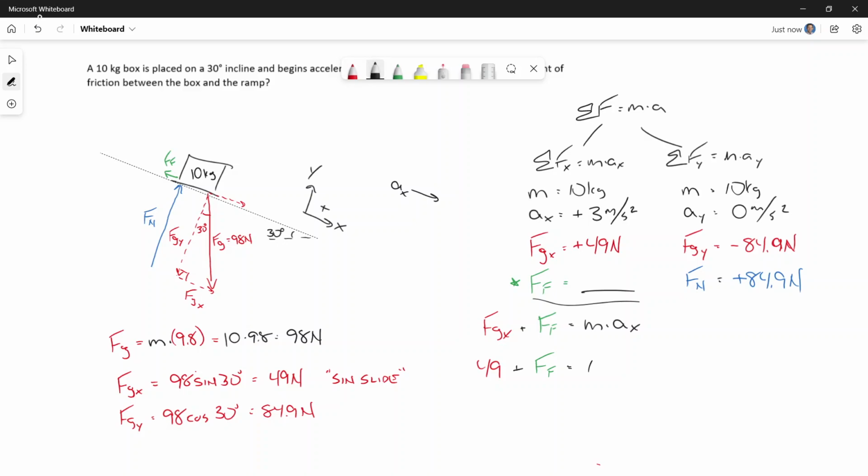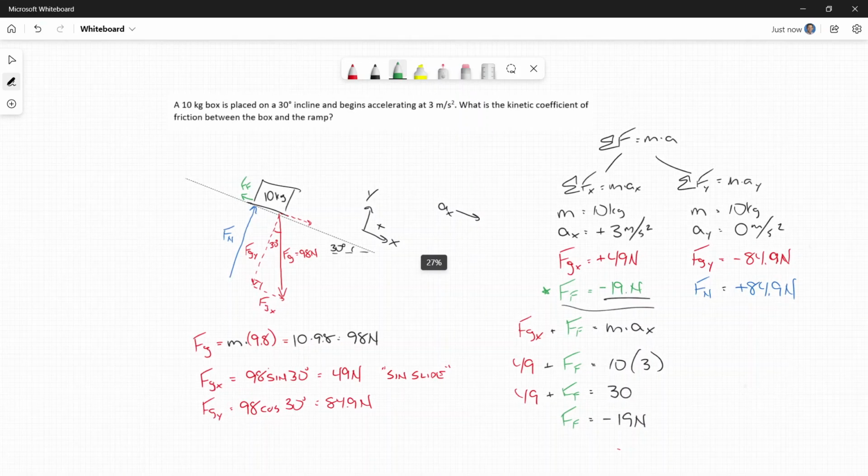And that's got to be equal to 10, and the acceleration is the ramp acceleration, which is 3. So again, we have 49 plus friction is equal to this net force of 30, which tells you that friction would have to be acting up the ramp at negative, right, which is what up the ramp would be, 19 newtons. So we now know that friction is 19 newtons up the ramp.